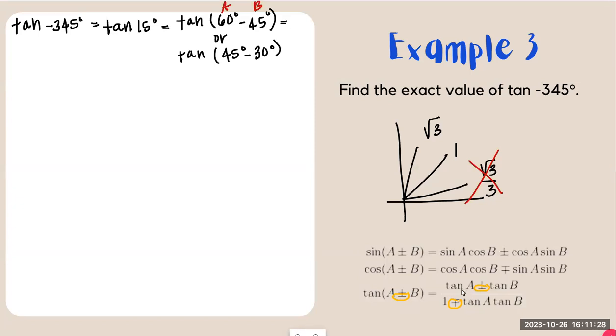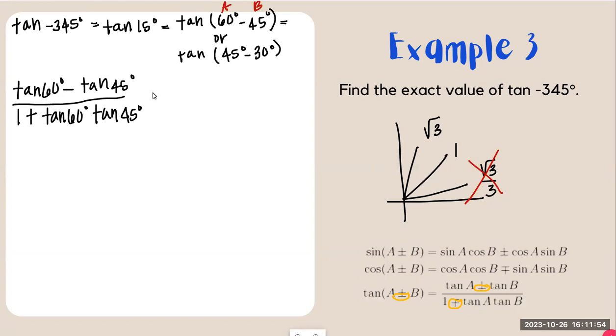All right, so we're starting out right here with tangent of 60 degrees minus tangent of 45. That's going to be divided by 1 plus the product of tangent 60 and tangent of 45.